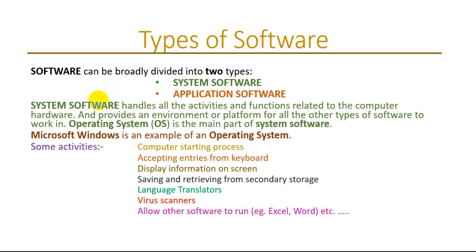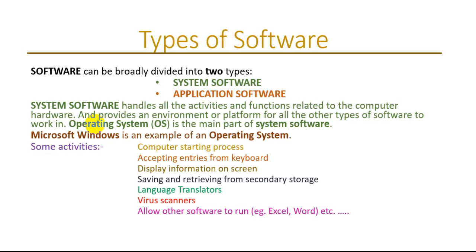So system software is responsible for some of the things I have shown here: starting the computer, accepting entries from the keyboard, displaying information onto the screen, saving and retrieving from secondary storage, language translators, virus scanners. This is not all the things. If you just go through the web and check, you will be able to find more. But these are all things that are related to the hardware and specific to the computer.